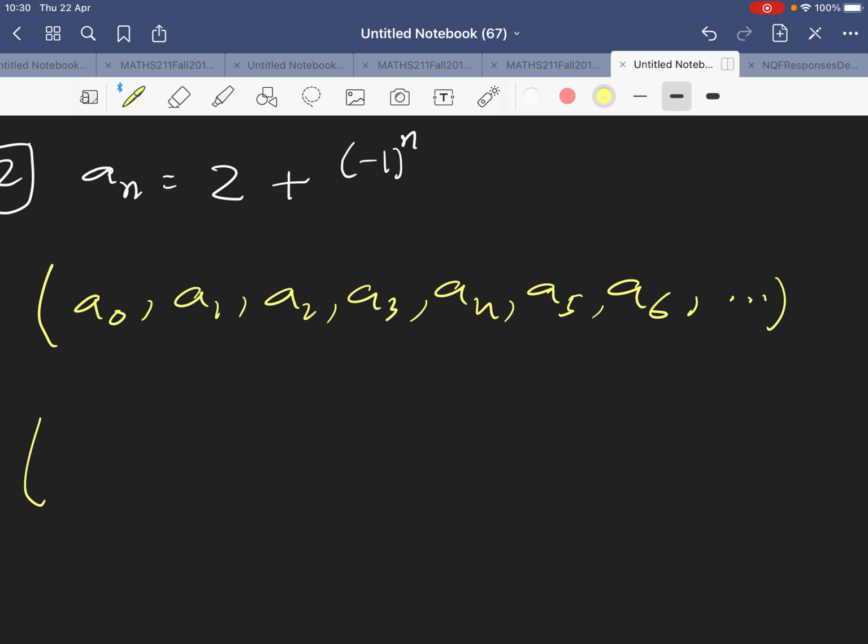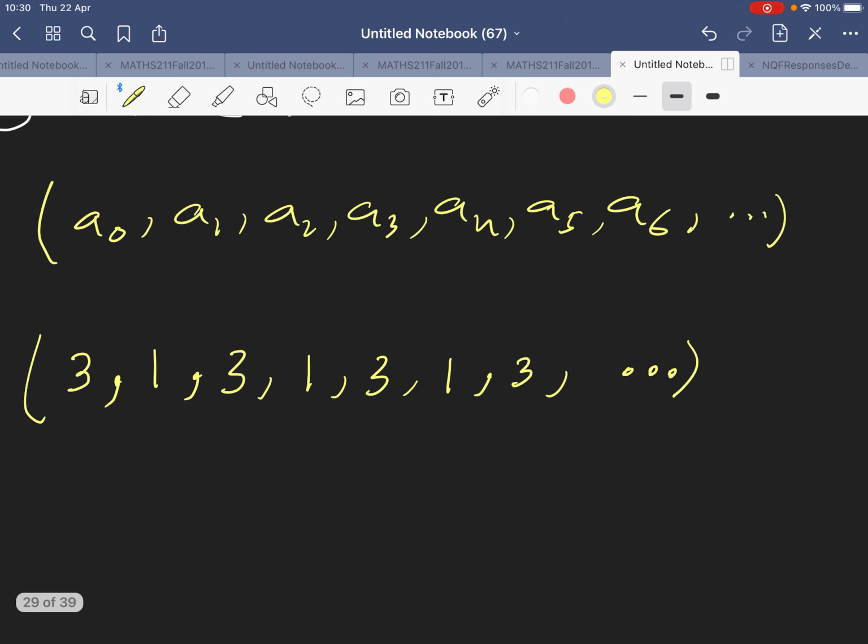Now a_0 is 3, a_1 is 1, a_2 is 3, a_3 is 1, a_4 is 3, a_5 is 1, a_6 is 3, and so on.